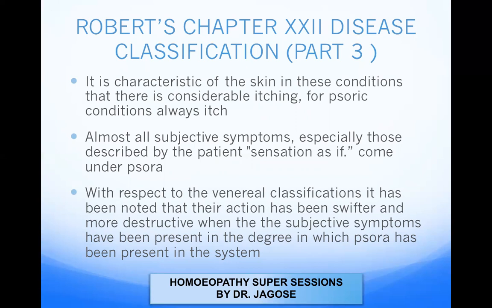With respect to the venereal classifications, it has been noted that the action has been swifter and more destructive when the subjective symptoms have been present in degree with Psora, which has been present in the system. So with respect to the venereal classification, the action is much faster and much more destructive as compared to Psora, especially when some degree of the Psoric miasm is present in the constitution.